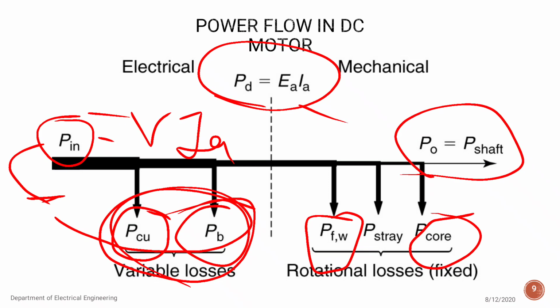That means input power minus variable losses becomes the mechanical power developed. Now this mechanical power developed is also not the final output. It is also required to subtract the rotational losses, that is the constant losses, from the mechanical power developed, so that we get power at the shaft end. So this is the power flow diagram of a DC motor.